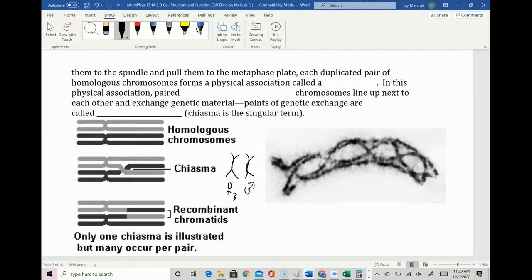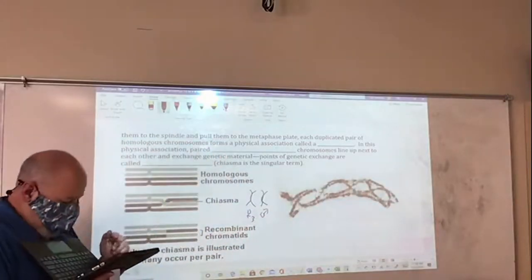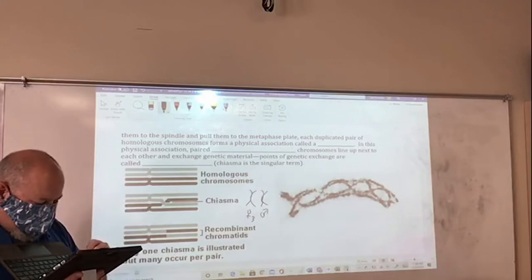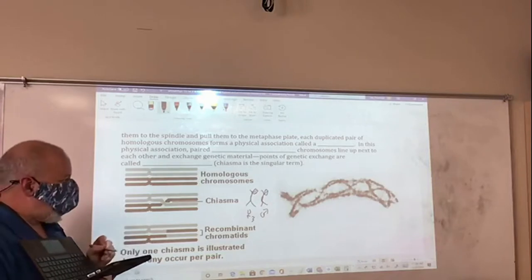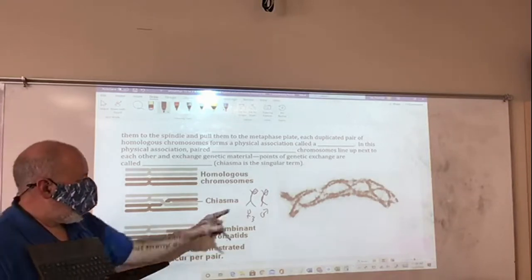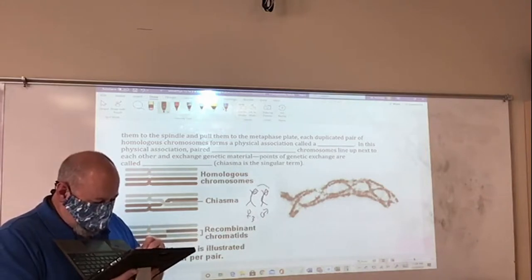This is an ultrastructural picture of that. I can see that both of these chromosomes here are overlapped. And I might swap this segment of DNA for this segment of DNA. Okay? I might trade those two pieces of DNA.